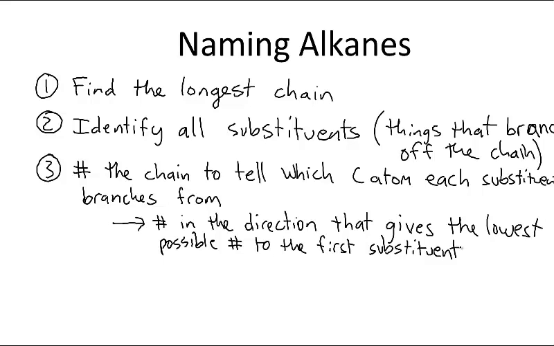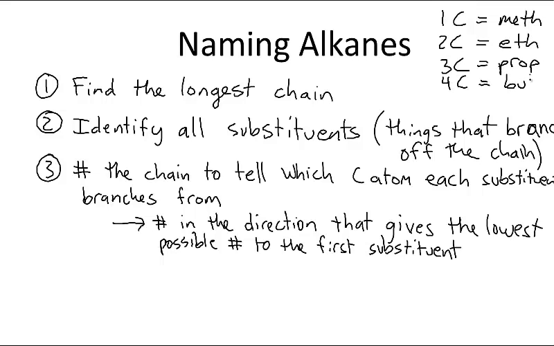I'm not going to go through and list all the how many carbons goes with what root. Hopefully you looked up a list of how many carbons go with what root. So like 1 carbon goes with the root meth and 2 carbons goes with eth. You can look up these lists.